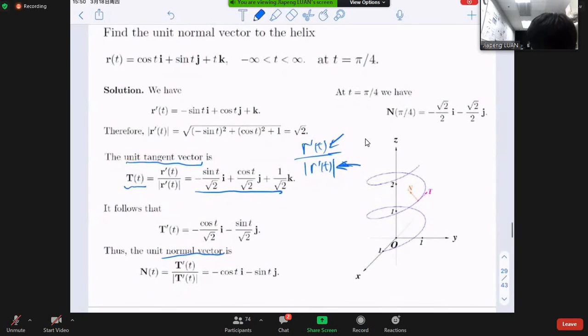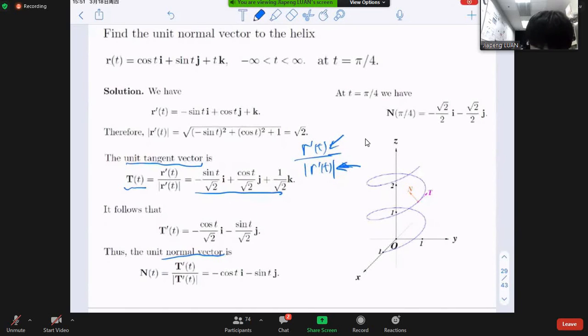And then the unit normal vector is the unit tangent vector of this thing. Okay, so you still just know this vector field, and then you calculate the unit tangent vector of this. So it is T prime over the norm of T prime. So that is what a unit normal vector is.